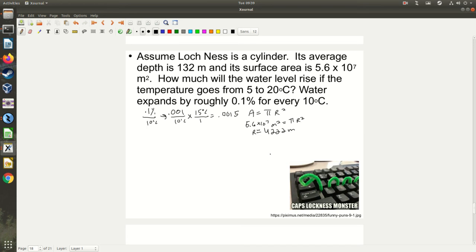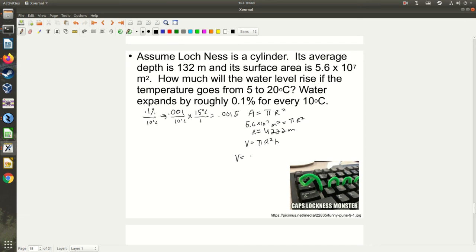Now, I want to get the total volume, and if you recall, the volume of a cylinder is pi r squared h. Yes, I could have just taken this area and multiplied it by the height, which is exactly what it's going to be, but I'm going to go ahead and write it out in case you don't get it in area form.